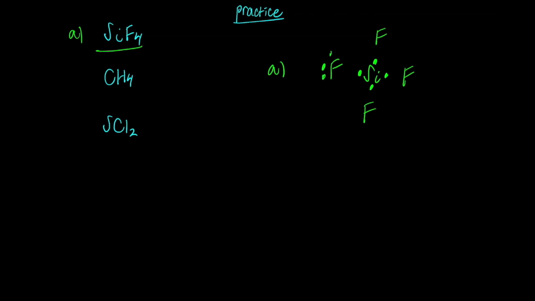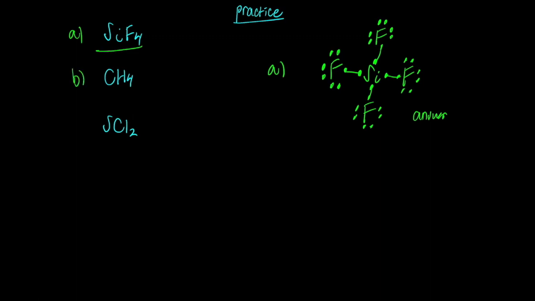Each of these fluorines has 7 valence electrons, and you need to draw these in, okay? You need to draw all of these in. All 7 dots on all 4 of those. And then you connect the bonds, and then you're done. Okay, that's the answer.